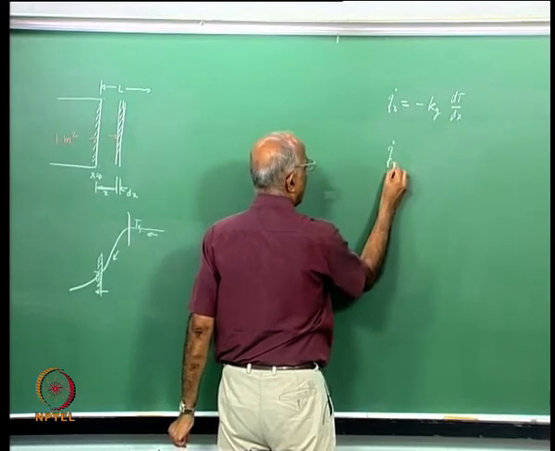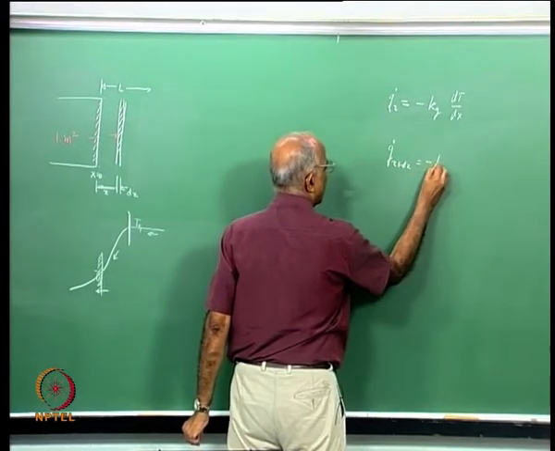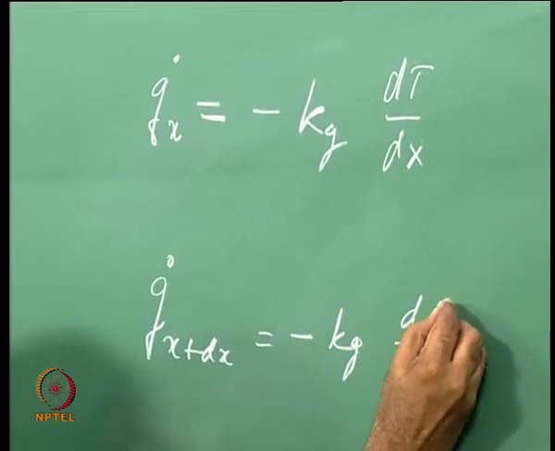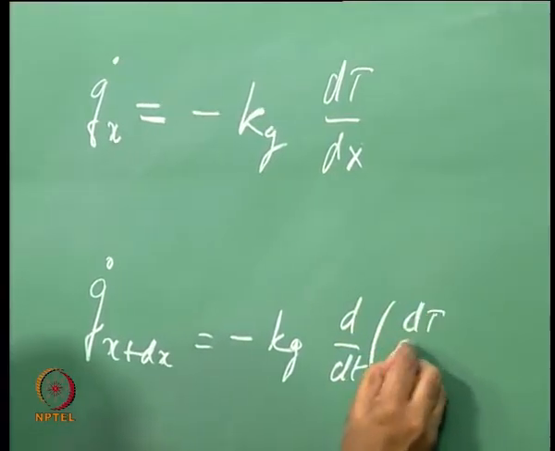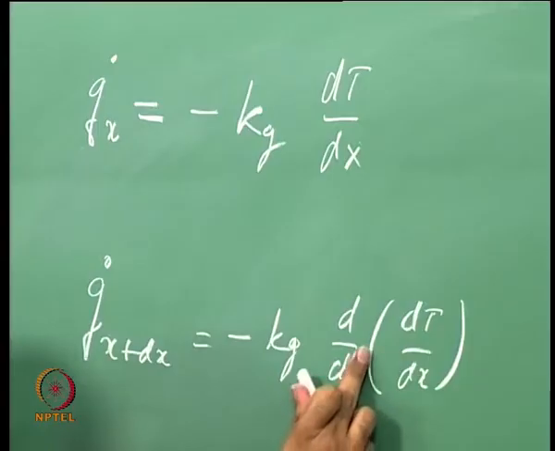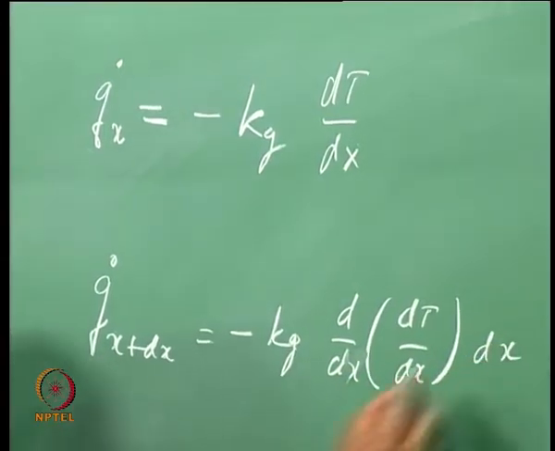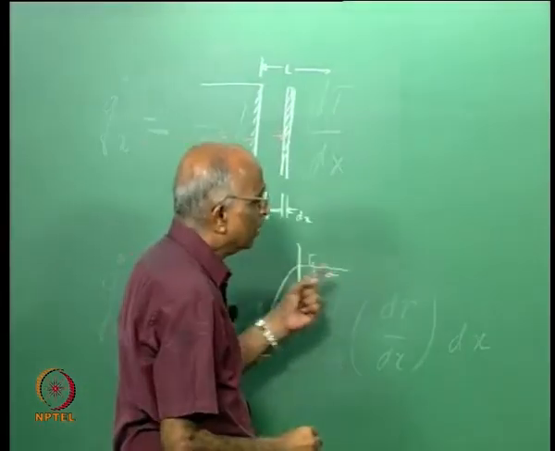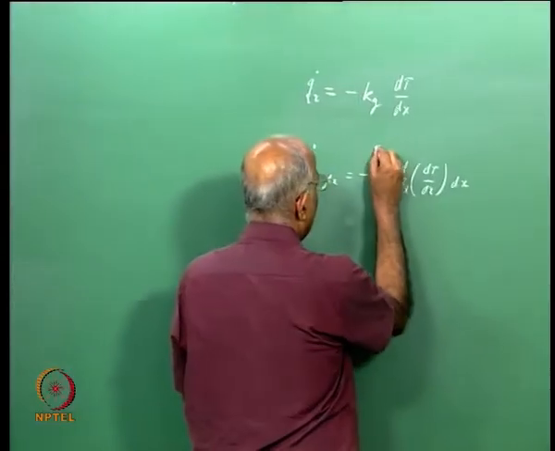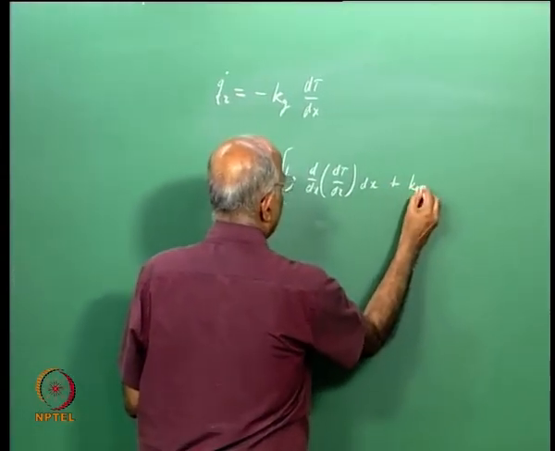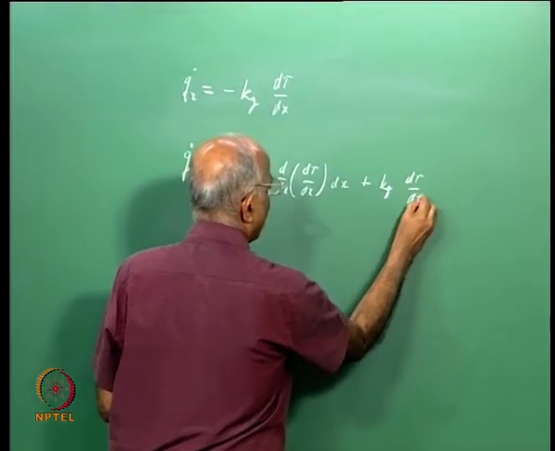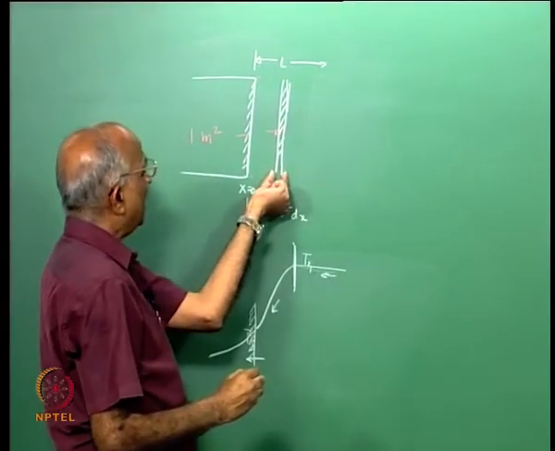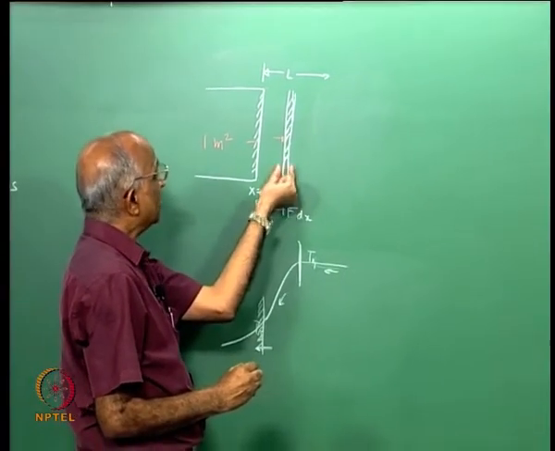Q dot at x plus dx is equal to minus kg into, now I have d by dx of dT by dx over the small increment into dx at x plus dx, and therefore this is the increment plus the value kg into dT by dx, and the net heat, why not say I will consider this finite volume, consider this as a control volume.